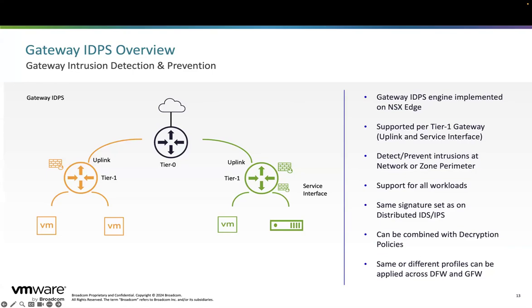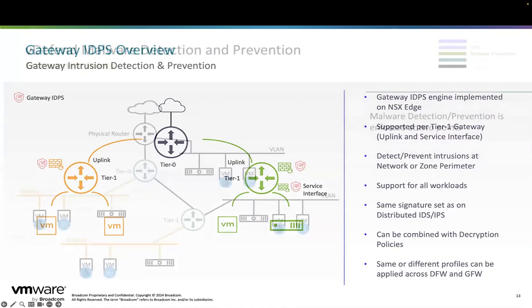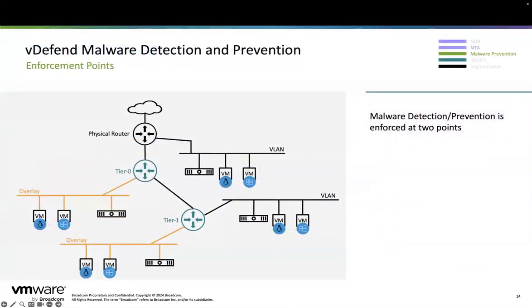It's the same signature set as the distributed, can be combined with decryption policies, and the same or different profiles can be applied between the distributed firewall and the gateway firewall. The malware detection and prevention is also enforced at 2 points.